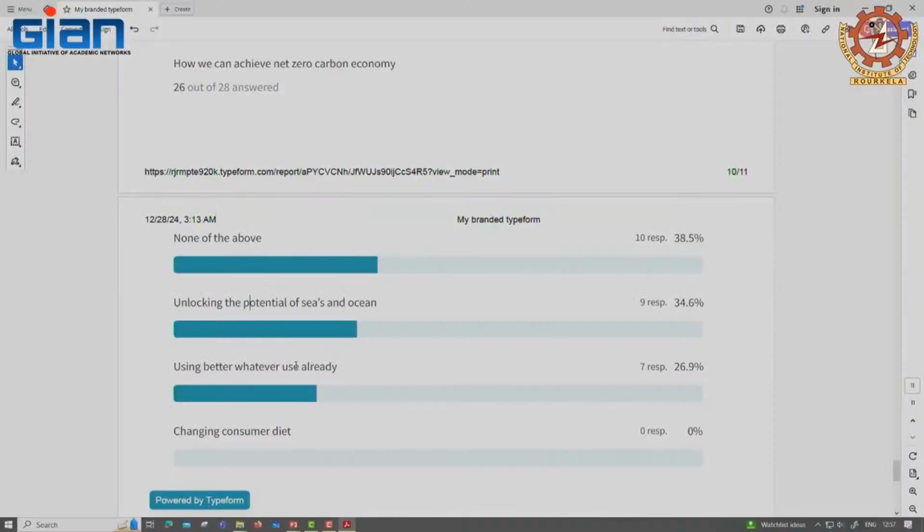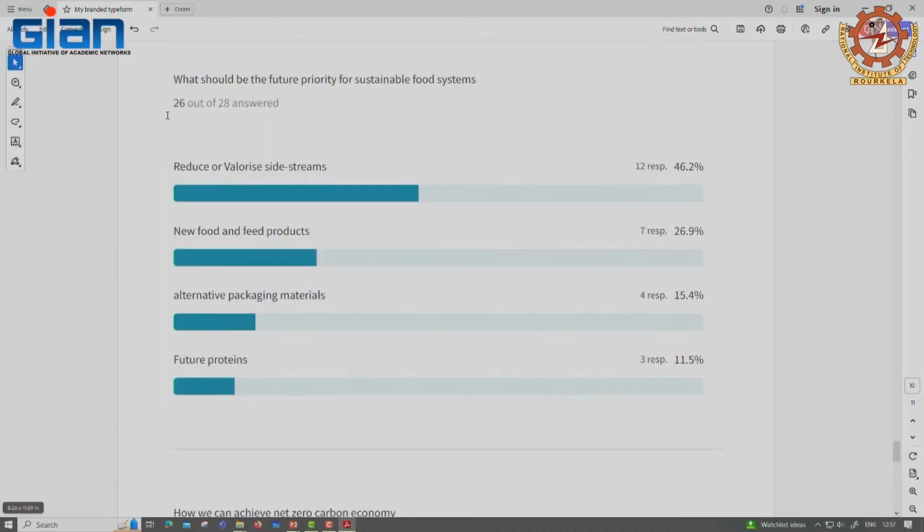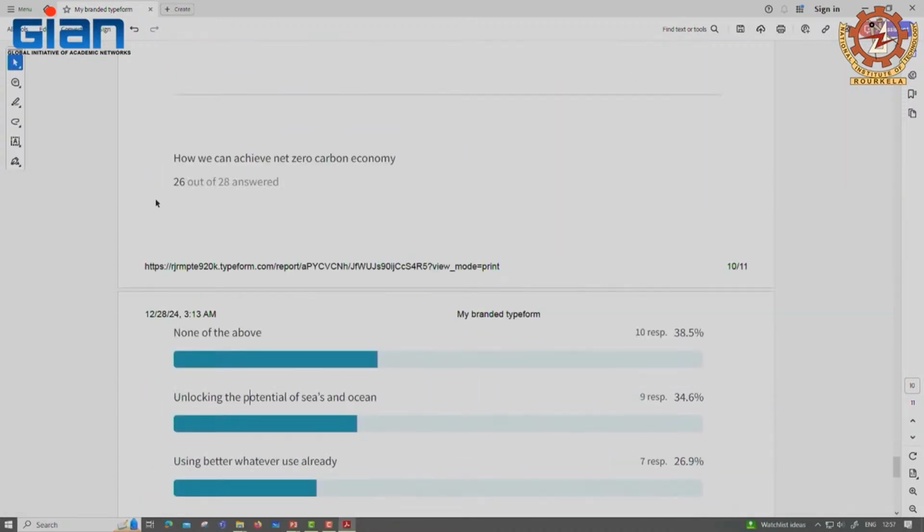By the time you reach this question, there might be fatigue. Need to finish it, without reading it, tick the boxes. Unlocking the potential, using better what we already use, that means reducing the waste. This question and the previous question contradict.